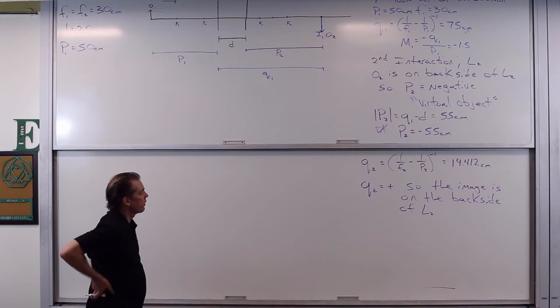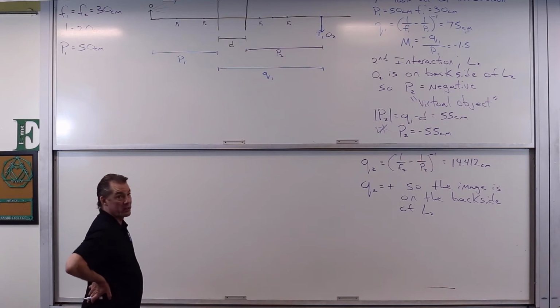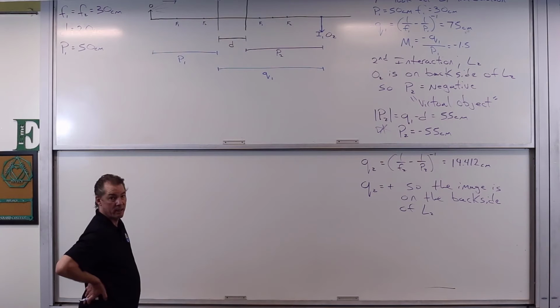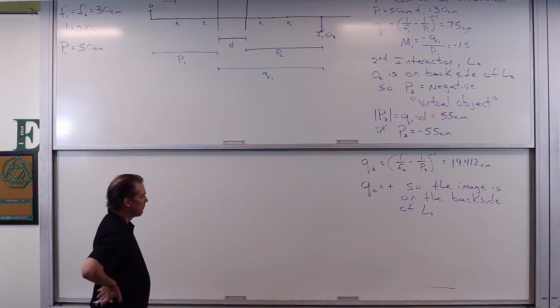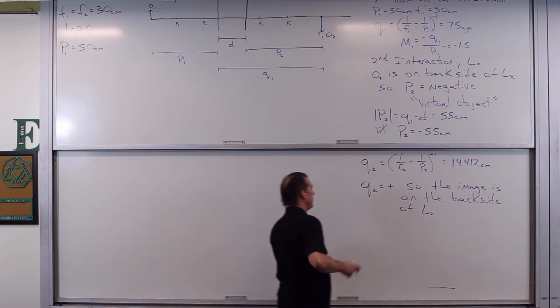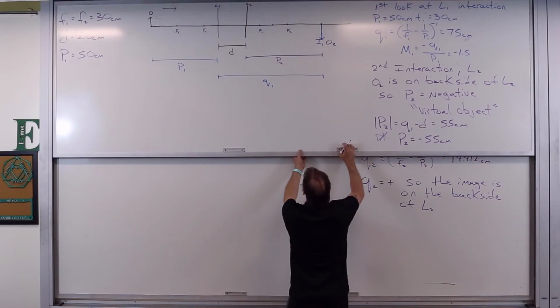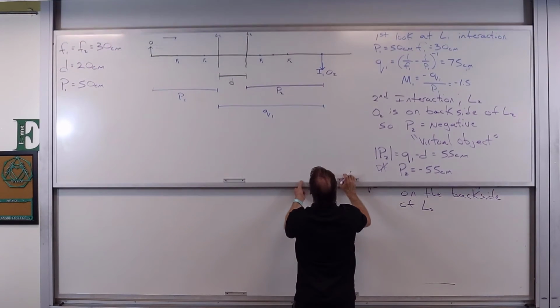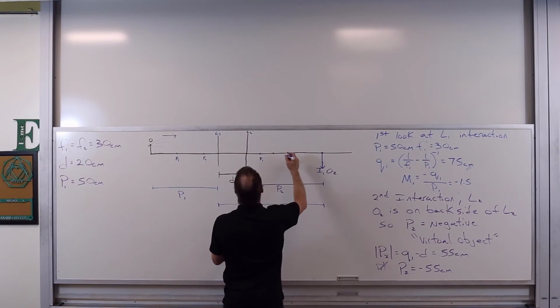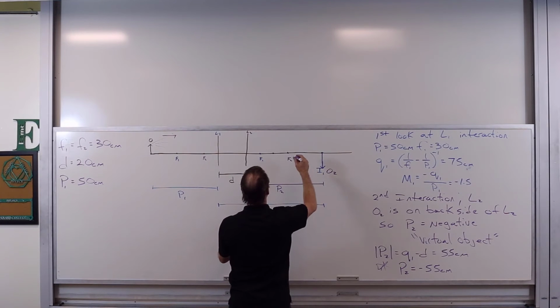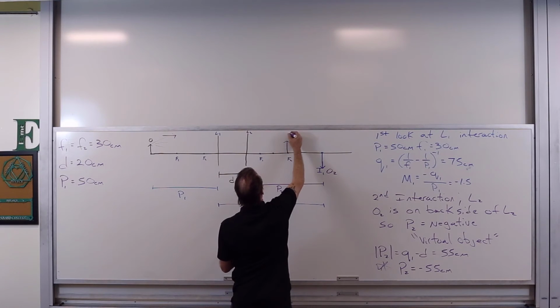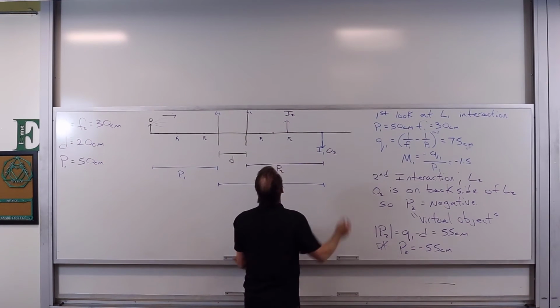We get that Q is equal to plus, so it undergoes an inversion because it's on the back side. So in this particular case, this ends up being this, I2, the final image.